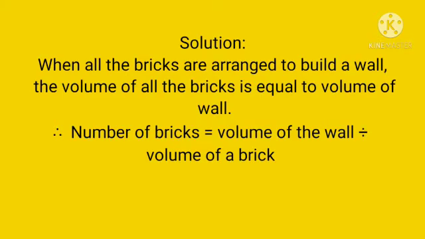To find number of bricks required. Solution: when all the bricks are arranged to build a wall, volume of all the bricks is equal to volume of the wall. Therefore, number of bricks is equal to volume of the wall divided by volume of a brick.